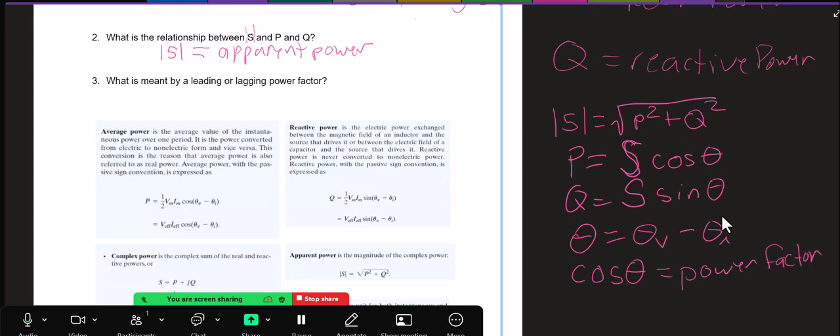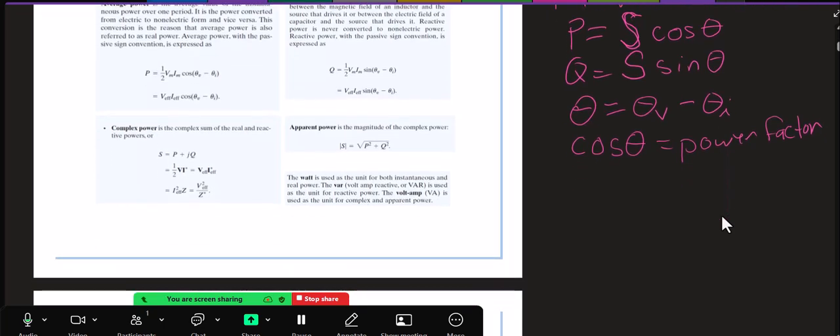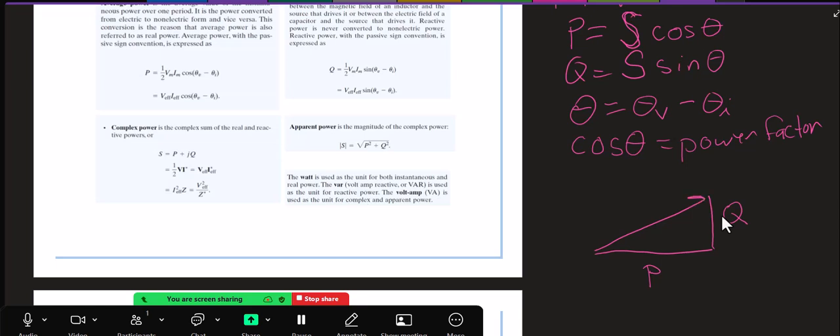Now, I do something that we did a lot in power class that I don't see your instructor does a lot in circuits too, but I find it very helpful. So if I have my real power and my reactive power, then I can make a right triangle where that's theta, and then I can get the relationship between my power, my reactive power, and my apparent power through this triangle.